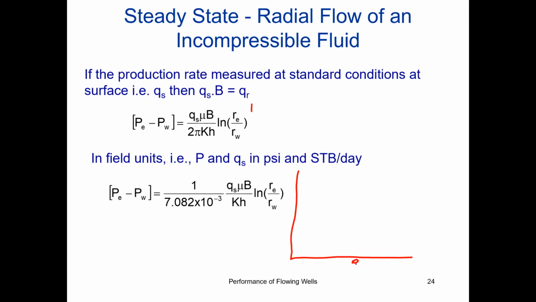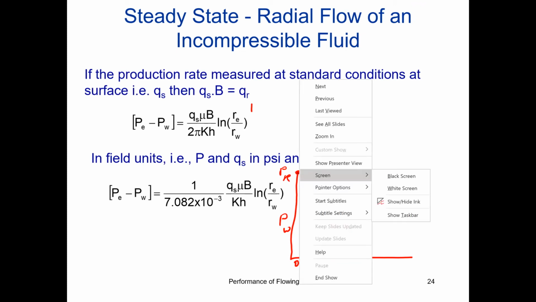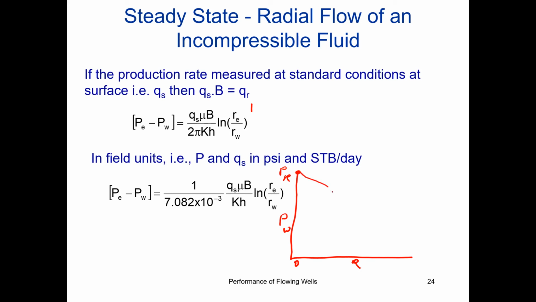This is flow rate. This is P well. If P well is equal to reservoir pressure, the flow rate is 0, okay? But as we drop the pressure, this line shows how much we produce.